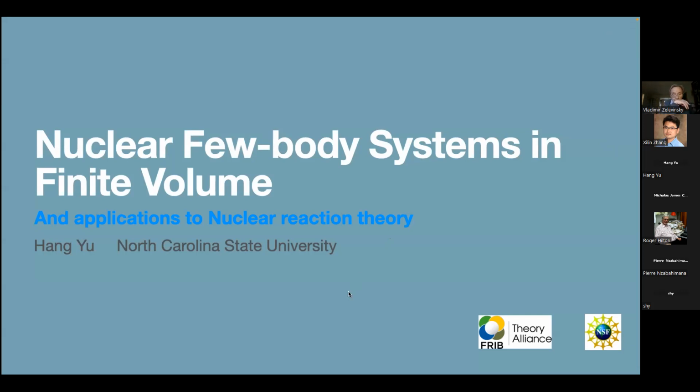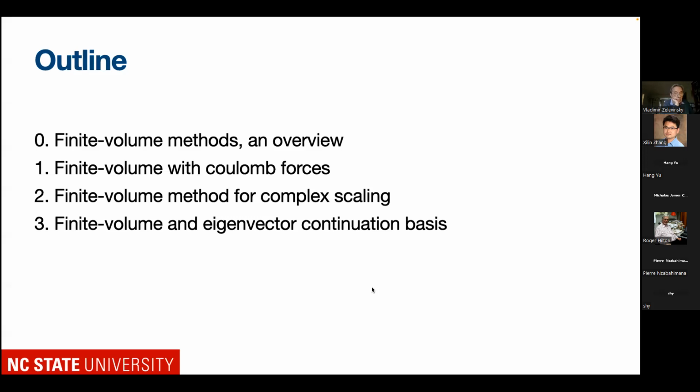So in today's talk, I'm going to introduce my work on few-body systems in the finite volume, especially their application to nuclear reaction theories. The outline of my talk is the following.